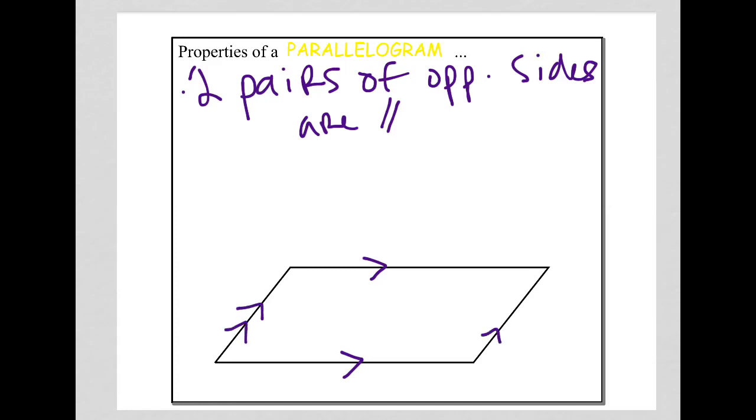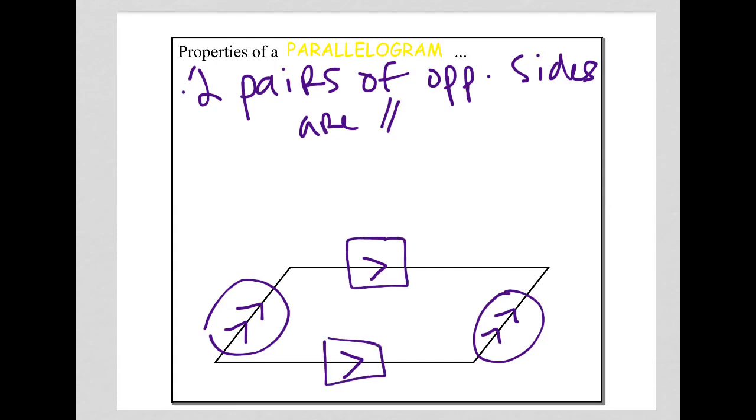They need to be distinct, and that's the reason I'm putting two of them here and here, because that side is only parallel to that side, and one of them here, because this side is only parallel to this side. So it needs to be distinguishable.